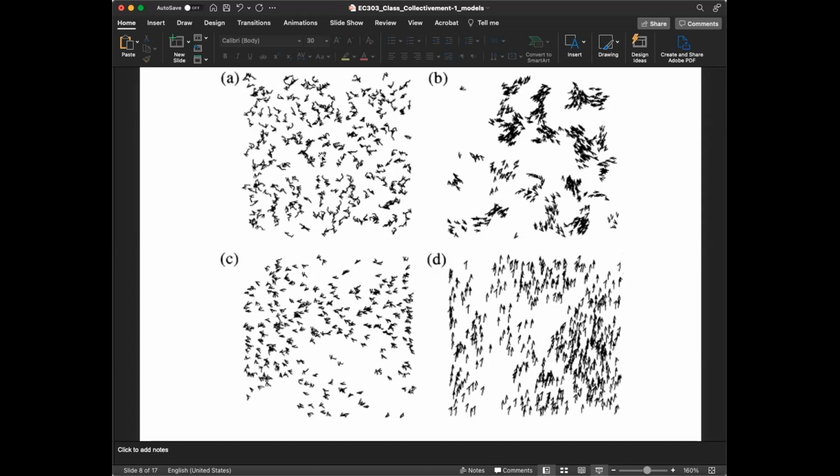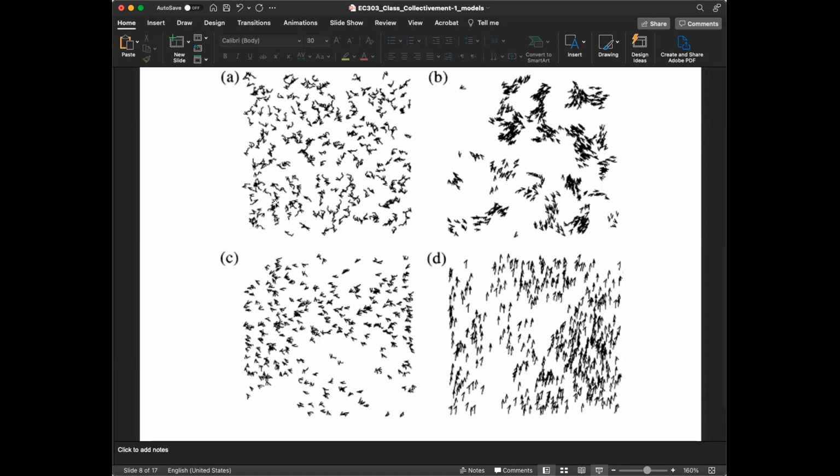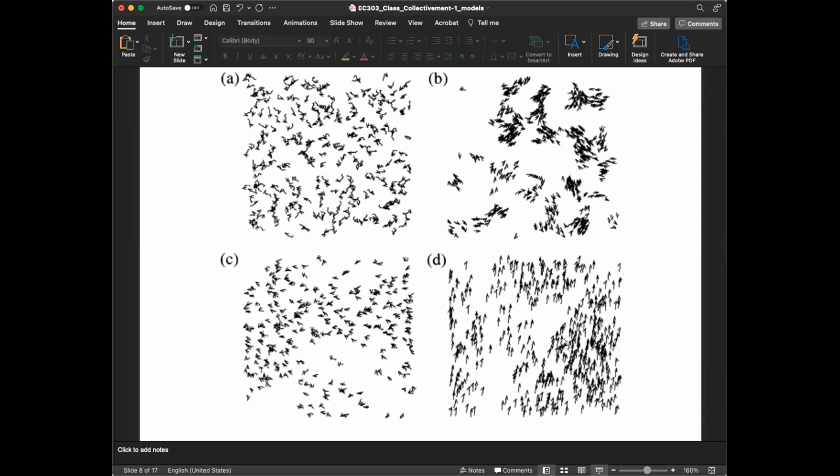I don't know if I have the slides to show that very clearly. In this agent-based model of collective behavior, you can achieve this ordered motion either by reducing noise substantially, or by increasing the density substantially. As a function of density, increasing density causes agents to move from disordered to ordered collective motion, or reducing noise again has the same effect.